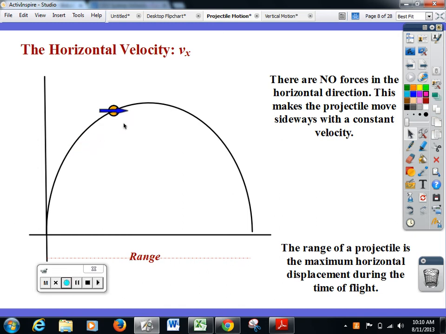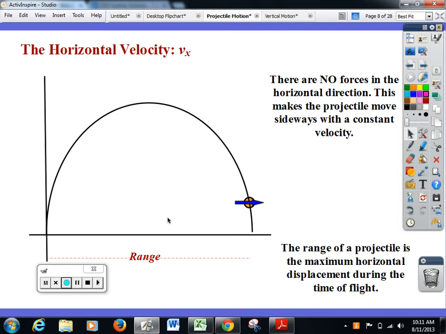At the top of the path there, is it still moving sideways? Yes, it is. Is it moving sideways in all parts of the path? Yes. It does not matter where you are, it is still moving sideways. That's a very key difference. There is always horizontal or sideways motion of the projectile.